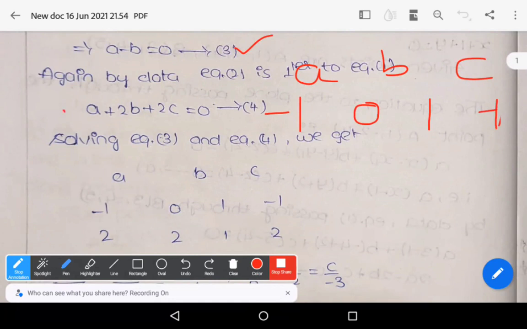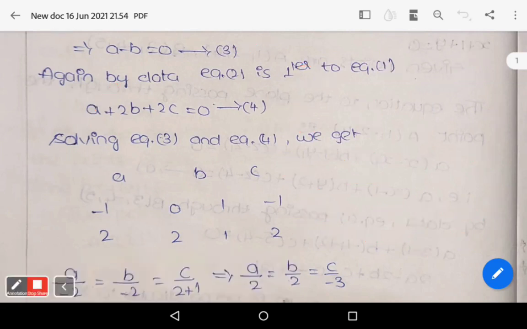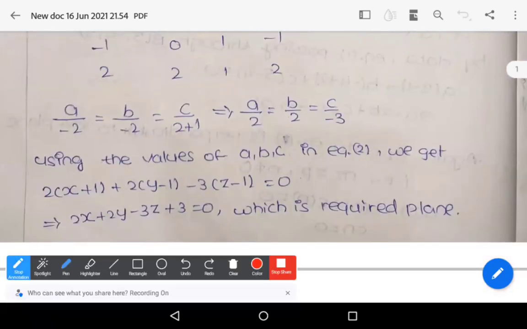From equation 4: 2, 2, 1, 2. By cross multiplication, we get a/(-2 - 0) = b/(0 - 2) = c/(2 + 1). Please observe that.